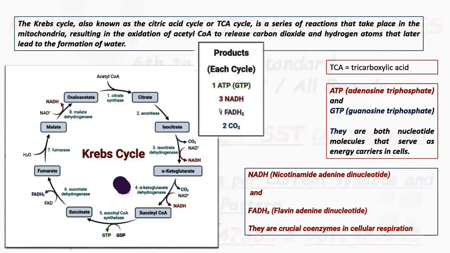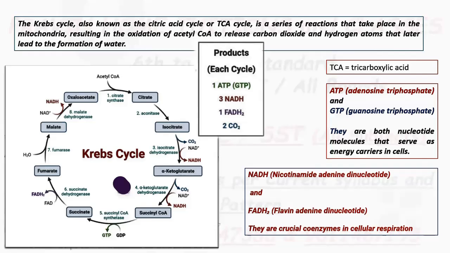This is also energy molecule, and other byproducts like carbon dioxide, water are generated, and sometimes ATP is also generated. But ATP is generated in the form of GTP. ATP is adenosine triphosphate and GTP is guanosine triphosphate. ATP and GTP are both nucleotide molecules that serve as energy carriers in the cell, or we can say energy currency of the cell.